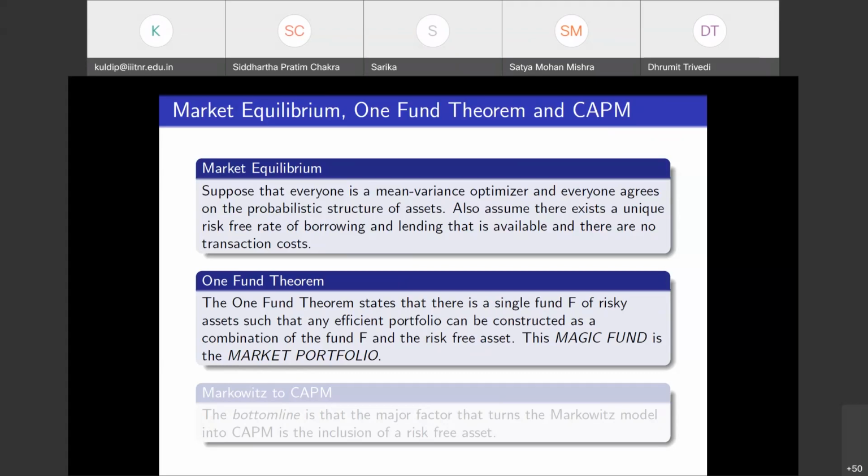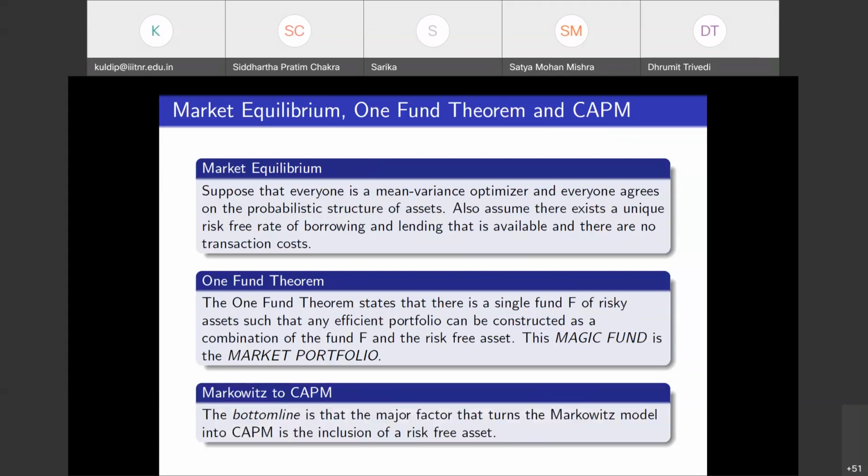Okay, now I have pumped in a lot of information. Here is that now there is a change that has come from the Markowitz setup to this Capital Asset Pricing Model setup.